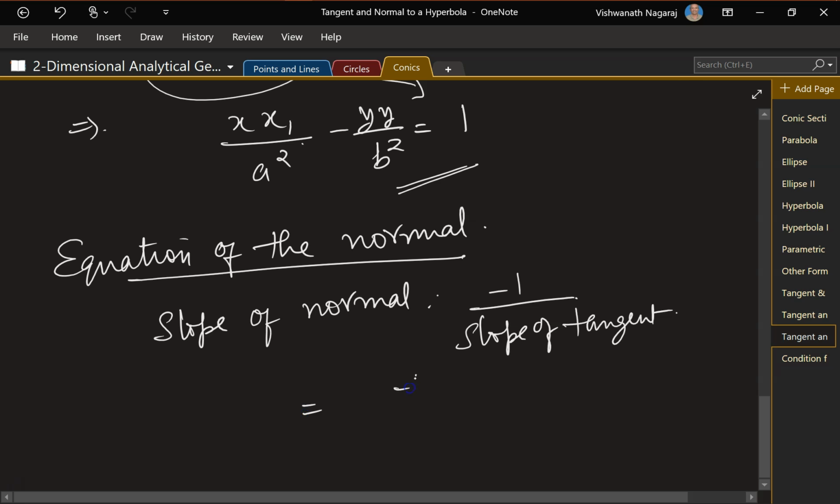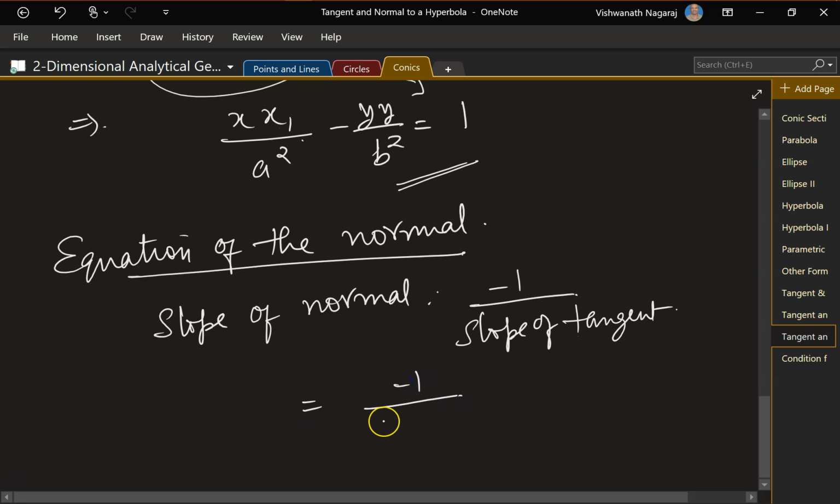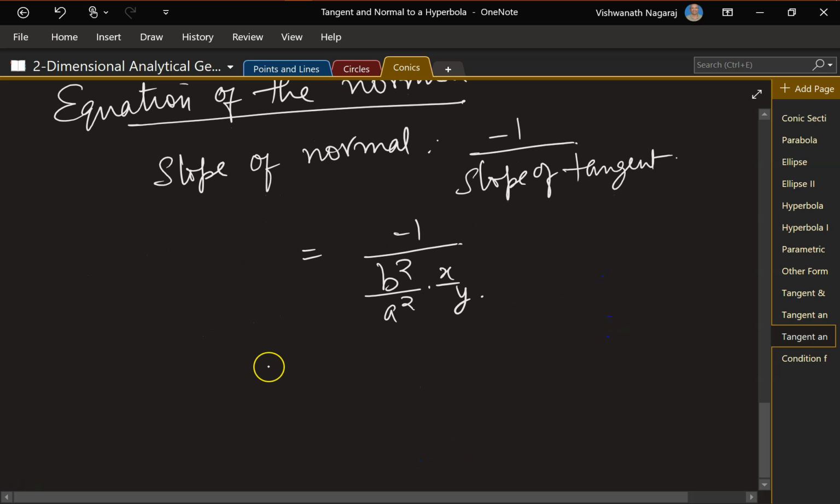So this would be minus 1 by b squared by a squared times x by y, which means this would become minus a squared by b squared times y1 by x1, because we are interested in x1 comma y1.